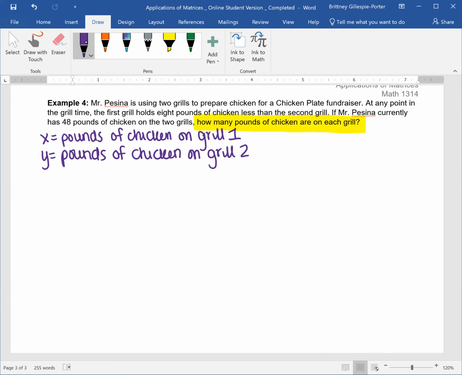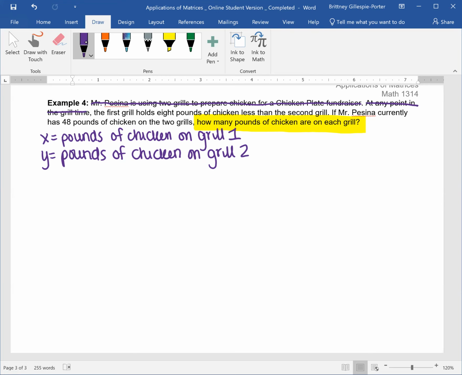All right, Mr. Pacina using 2 grills, chicken plate. That first sentence, not equation, just gives us background. Don't need it. At any point in the grill time, don't really care. Here we go.